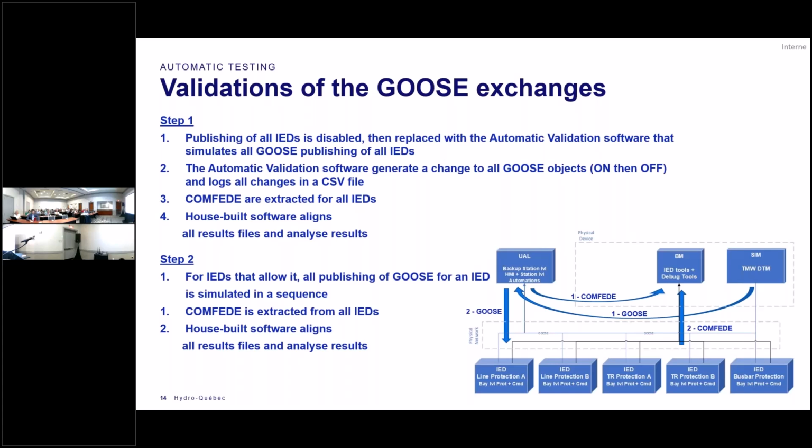So now this script was simulating all the signals within that Goose from that IED, and all signals were triggered sequentially at a specific interval, and the different behaviors were then either published within the log of some IEDs, or the ComFed reports were extracted from those IEDs afterwards in order to do the analysis that the Goose was well received and the behavior was according to the expected reaction of that IED.